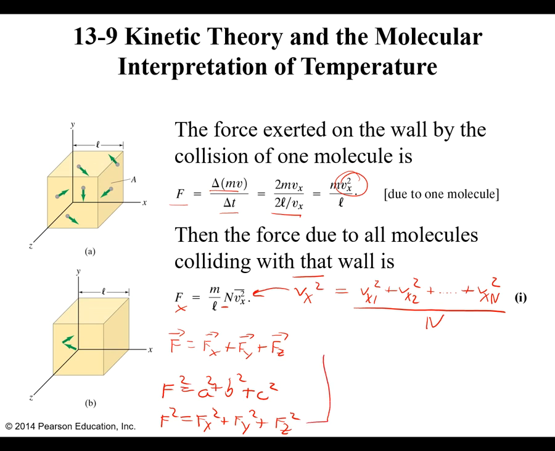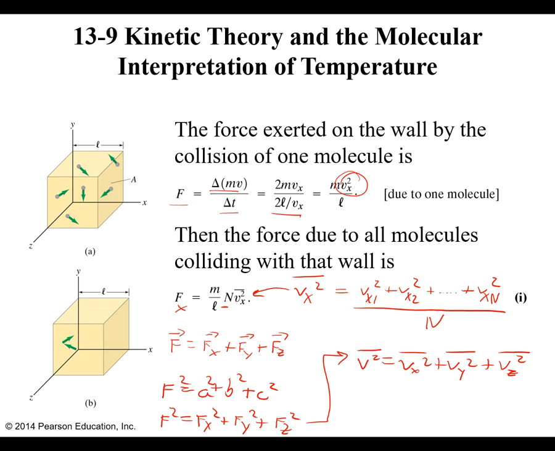Okay, now let's get back to this: the magnitude squared is going to be the sum of the squares of the components. It's going to be the same for the velocities. However, I want you to note that since there are 10 to the 23rd molecules in 1 mole of the gas, and they're all moving totally randomly, then there's not really much of a difference between x, y, and z.